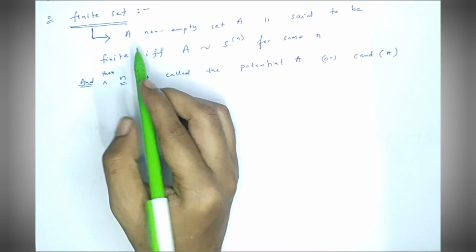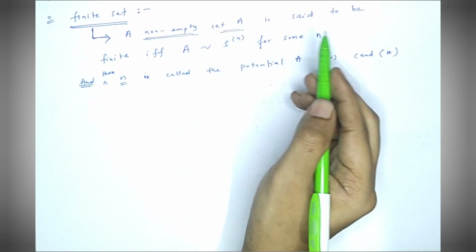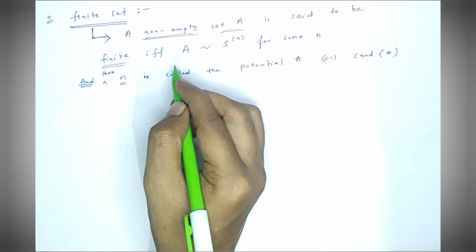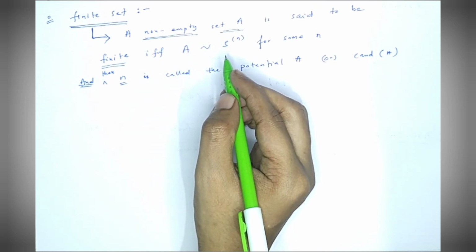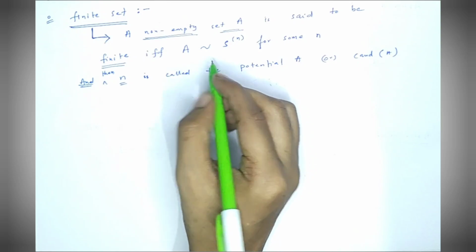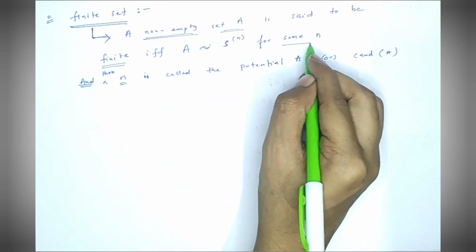Let's take the definition again. A non-empty set A is said to be finite if and only if A is similar, or equivalent, to the initial segment of natural numbers for some n.